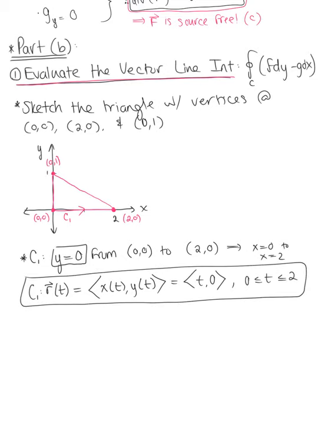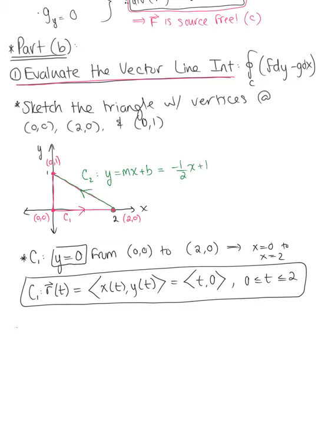So now going back to our sketch here, we are starting at the ordered pair 2, 0 and moving in a counterclockwise direction from the point 2, 0 to the point 0, 1. And this line, this is our second curve, C sub 2. If we use our point slope form or slope intercept form, we can find the equation of the line here is going to be minus 1/2 x plus 1.